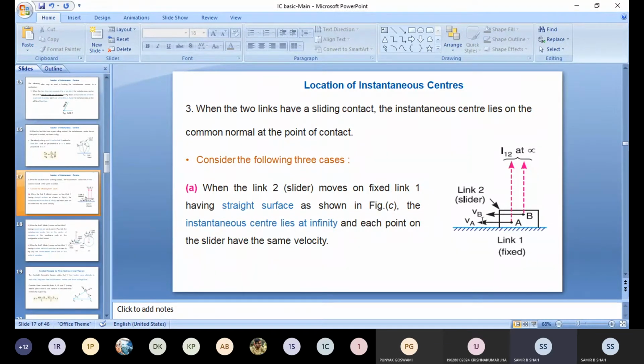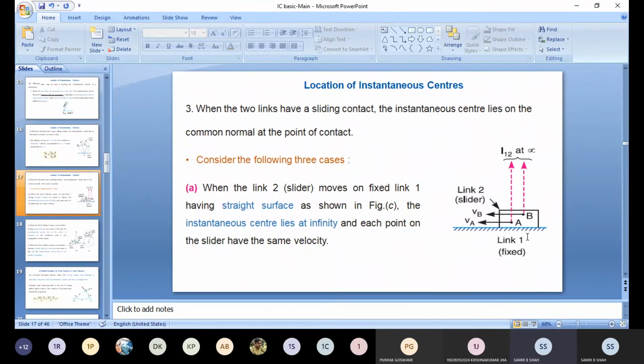When link 2 moves on a fixed link 1 having a straight surface, as shown in the figure, the IC lies at infinity and each point on the slider has the same velocity. You remember that the IC may be at infinity.